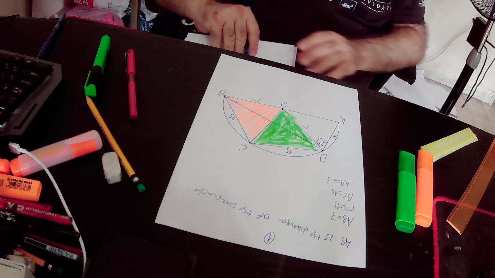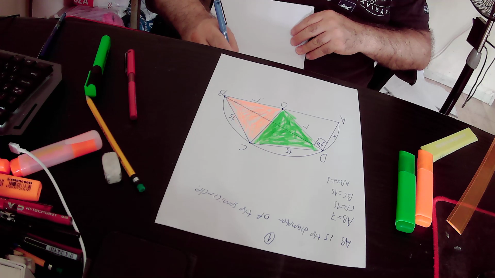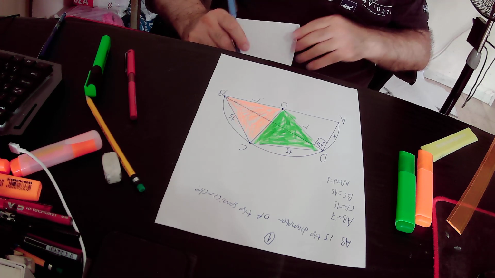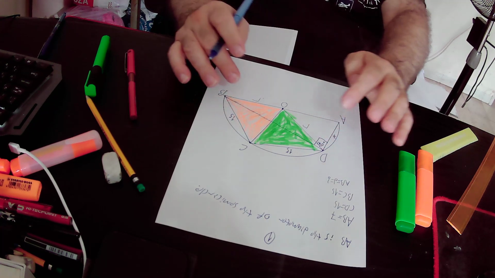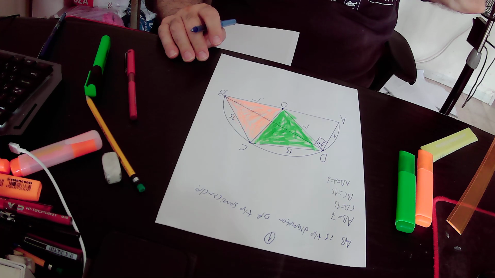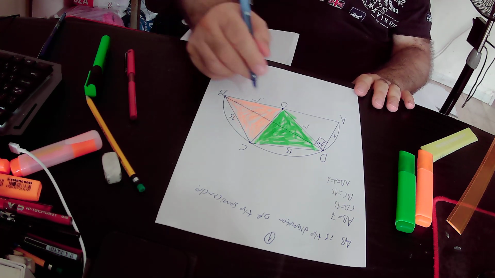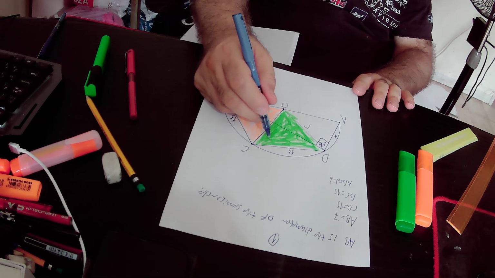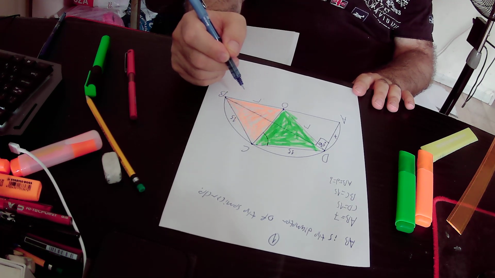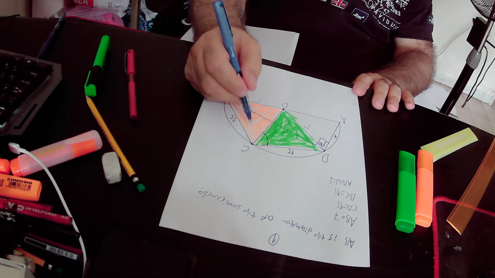Okay, so from the fact that those two triangles are congruent to each other, we can deduce that angle OCD is equal to angle OCB.